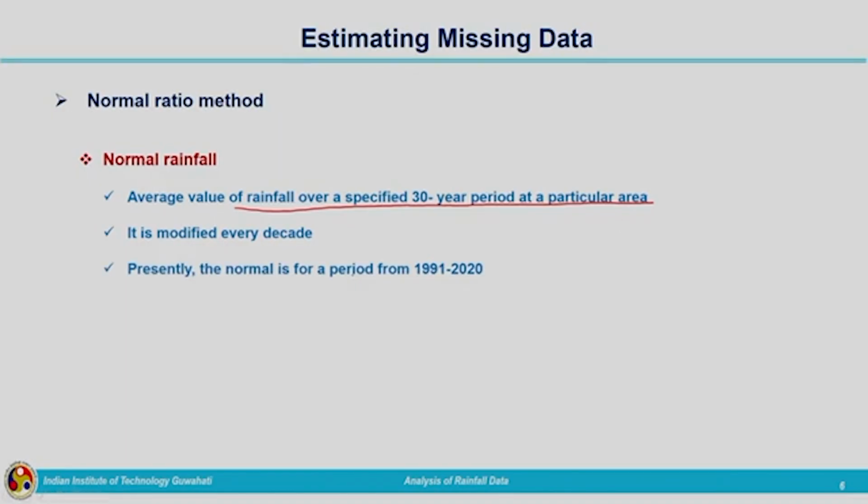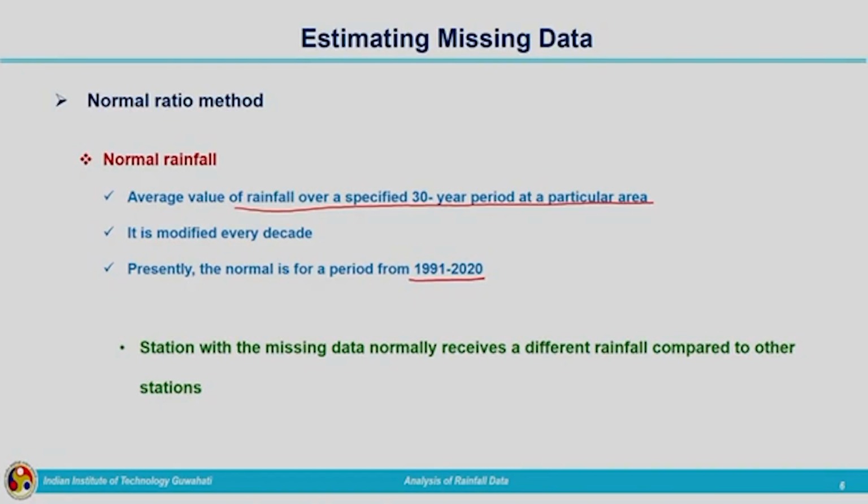Presently the normal rainfall period is from 1991 to 2020, since we are in the year 2021. We make use of the data from 1991 to 2020, and that data is averaged to get the normal value. When it is the year 2030, we will use the data from 2001 to 2030. That way, every decade we need to modify this data.